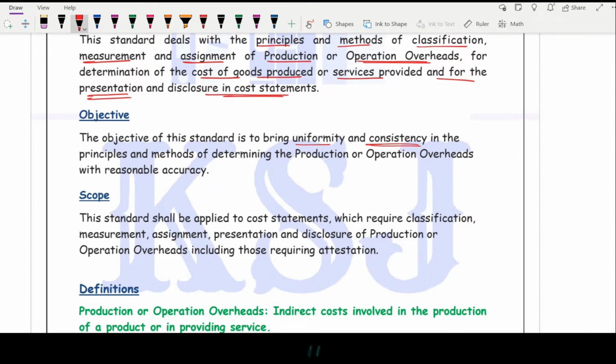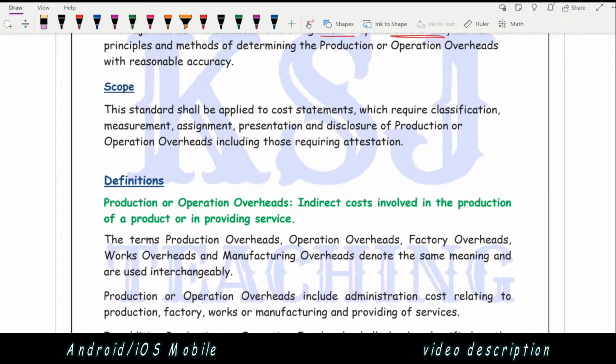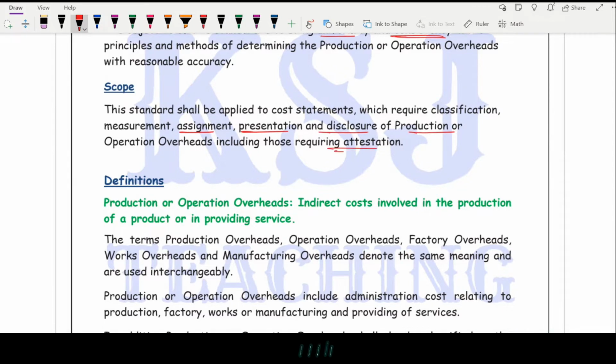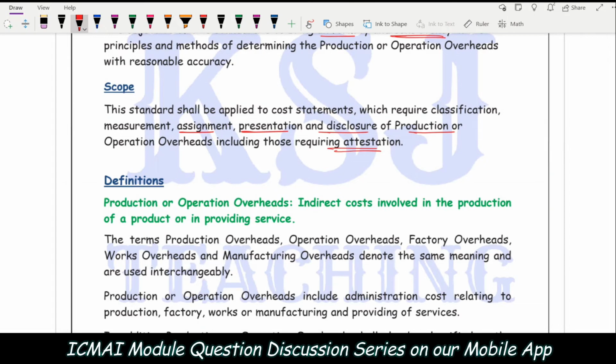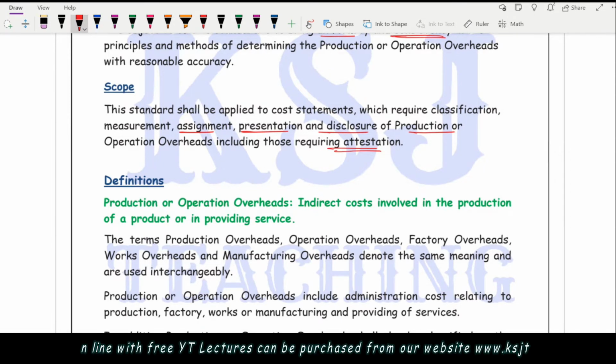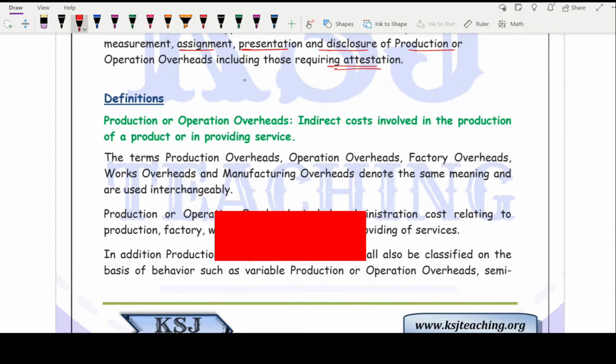Scope: the standard shall be applied to the cost statements which require the classification, measurement, assignment, presentation and disclosure of production or operation overheads, including those requiring attestation, right? So it is applicable to all those cost statements where you are required to present the production or operation overheads, right? Then definitions. What is production or operation overhead?